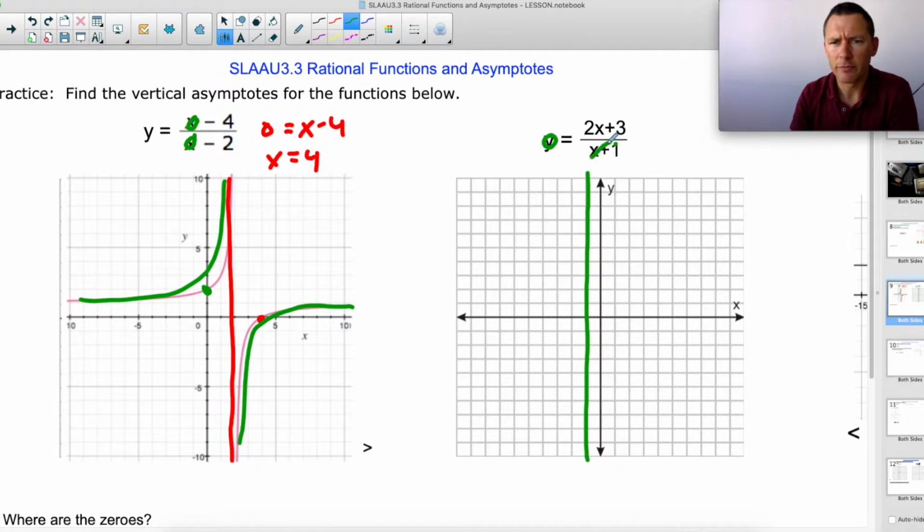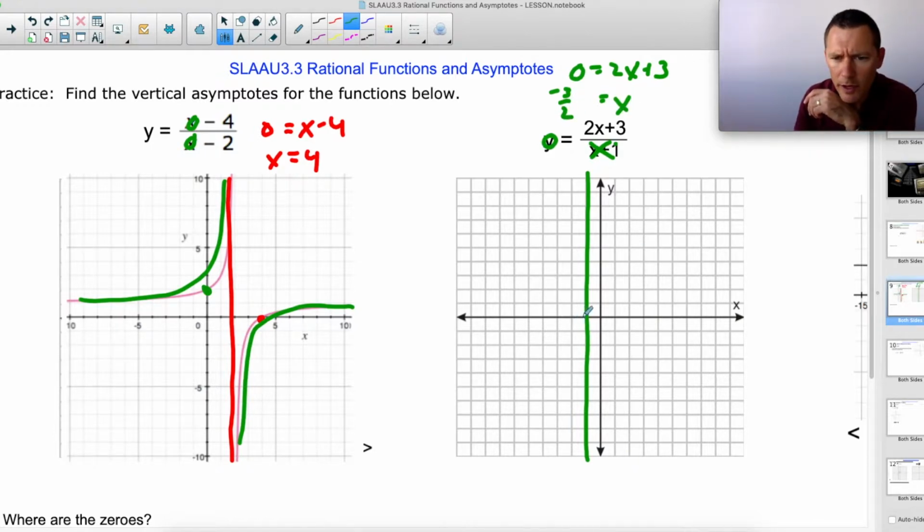You multiply both sides by the denominator, and so you'd solve 0 equals 2x plus 3 to find when the y value is 0, essentially when it hits that line. So you'd get negative 3/2, which is negative 1.5, someplace like that.